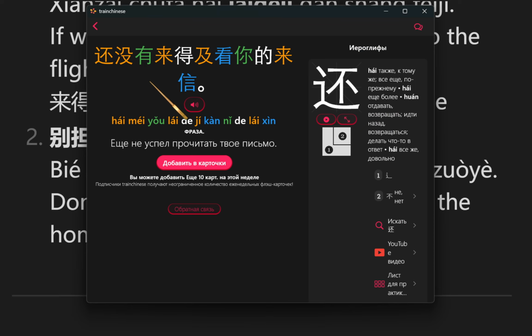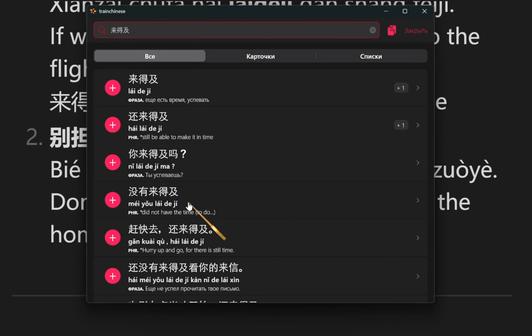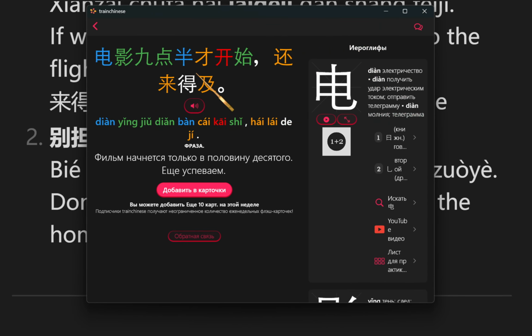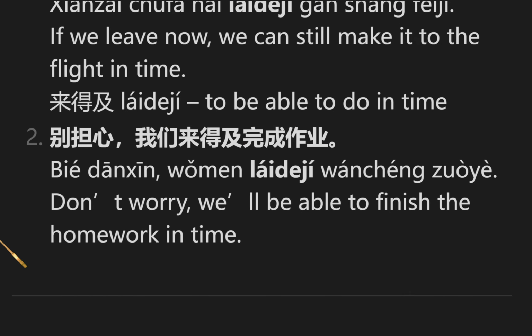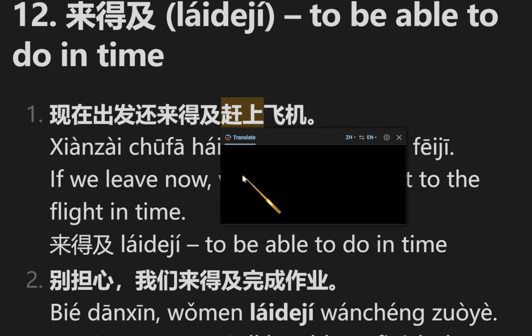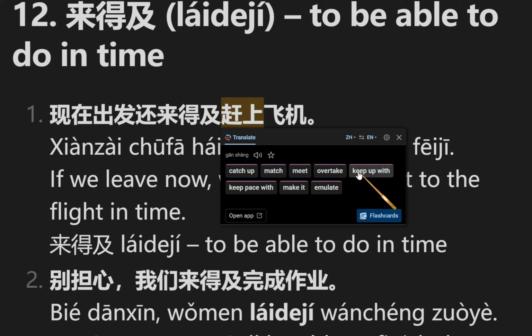So let me see. 还没来得及看你的信。So after 来得及 use a verb. As you can see, here 赶上 is to catch up, to match, to meet, keep up with, keep pace with, make it.